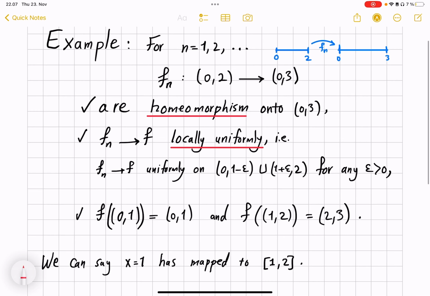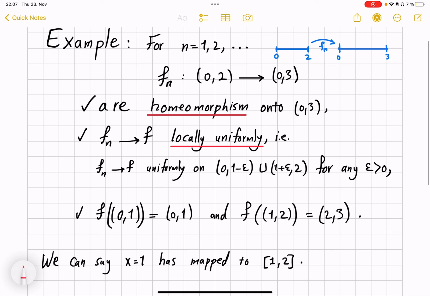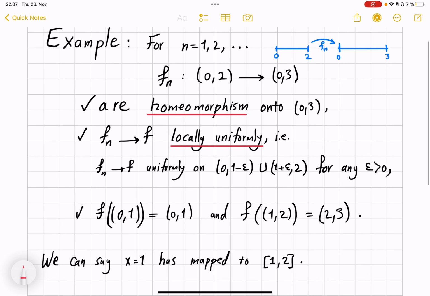And the consequence of not being uniformly convergent at that point is quite the surprising part. It turns out that the one point where we did not have the local uniform convergence has mapped basically to a segment. So the example will be, philosophically, that the point x equal 1 in my example will be mapped onto the whole segment 1 to 2.